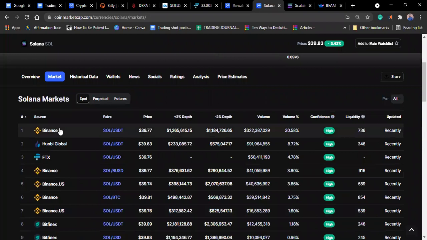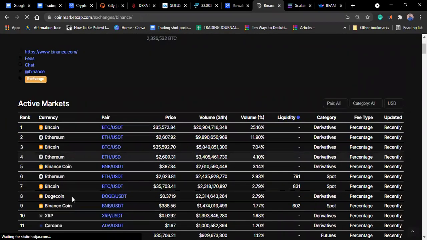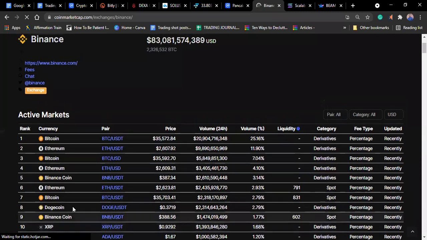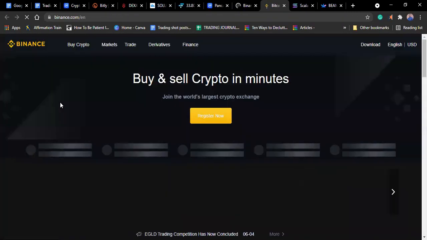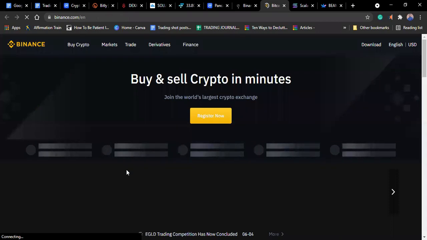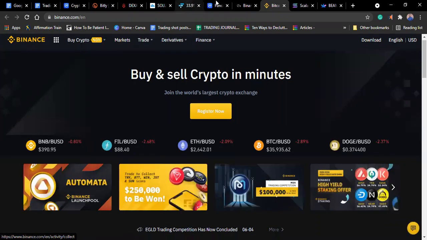So you click on Binance, the one that you have, and it will take you to Binance. You see the different pairs that you can trade against Solana. You go to the Binance website, you log in, then you trade. You buy the coin you want to buy. Now that's how to do research on CoinMarketCap.